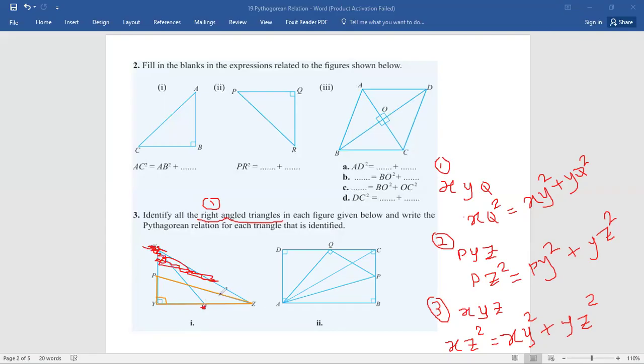Now we are going to consider PYZ only. This is our right angle triangle. So now we are applying the Pythagorean relation to PYZ. Likewise, you have to do the second one as well. Please write this for the first one.